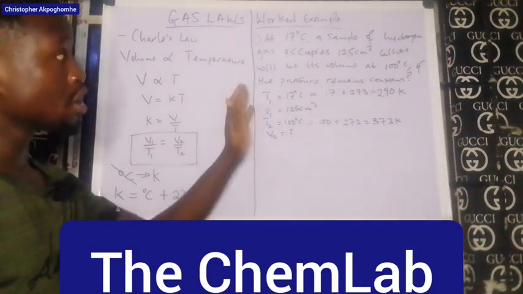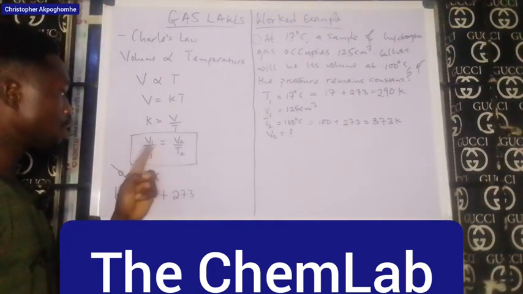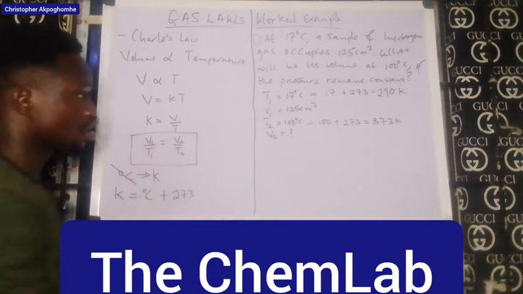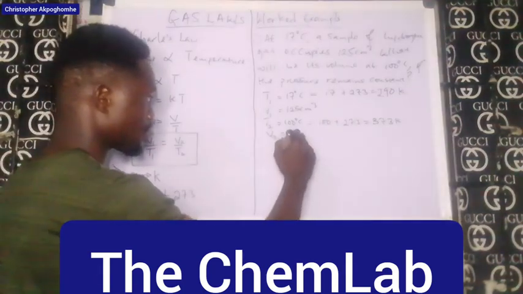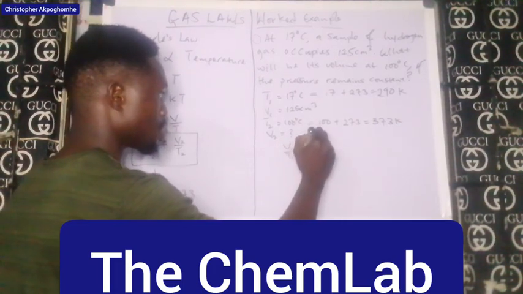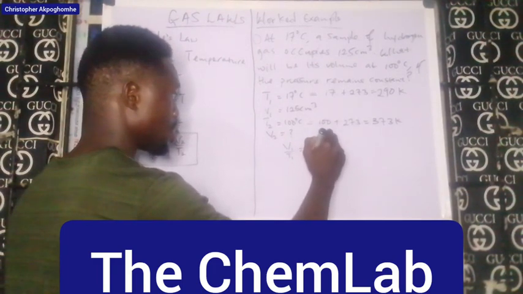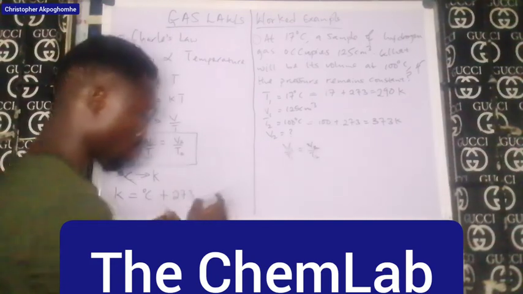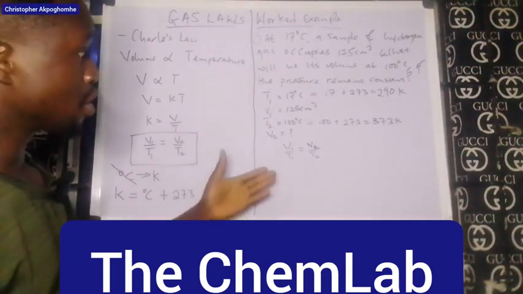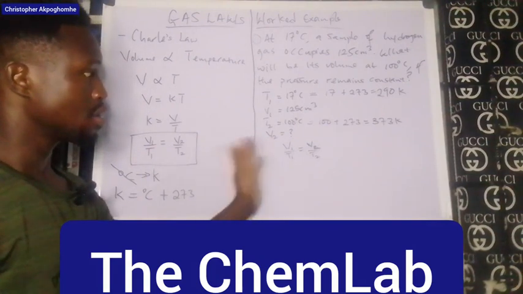So we have succeeded in converting it. Now let's bring in our formula. We have V1 over T1 equal to V2 over T2. Usually we already know what we are looking for, so normally I would have just made V2 the subject of the formula and then solved.